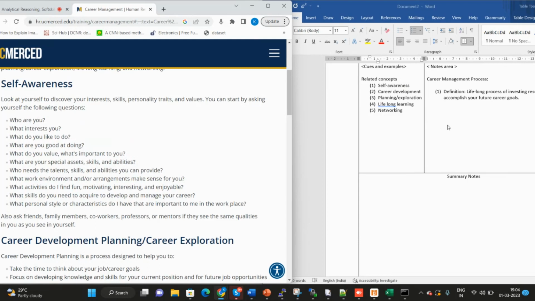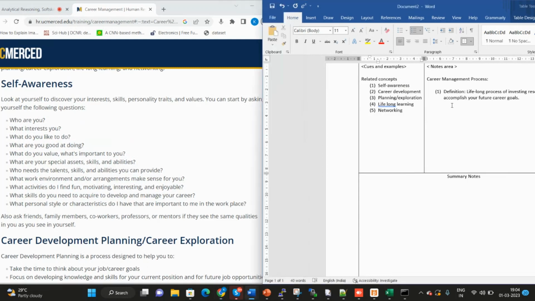Self awareness, ma'am. எங்க எழுதட்டும்? நோட்ஸ் ஏரியாலயா கியூஸ்லயா? Close la, ma'am. நீ எது எழுத போற? இந்த வாட் இஸ் செல்ஃப் அவேர்னஸ்ன்றது எழுத போறியா? No, ma'am. அது definition side la, ma'am. Good.